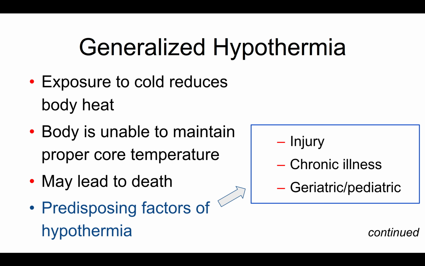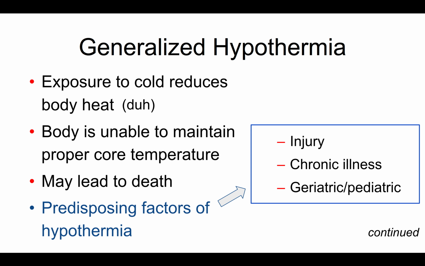So when we talk about generalized hypothermia, the progression generally goes some exposure to cold, which reduces your body heat. The body is then unable to maintain core temperature if exposed long enough. When your total core temperature goes down low enough, this can lead to death. There are some predisposing factors for hypothermia. Any injuries make it harder for you to warm yourself.